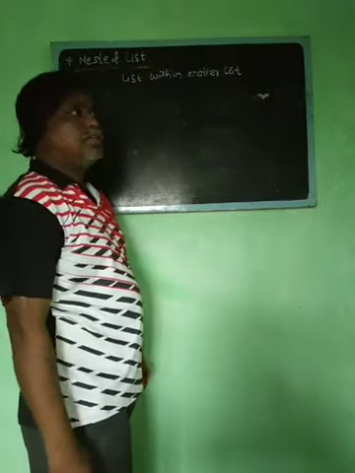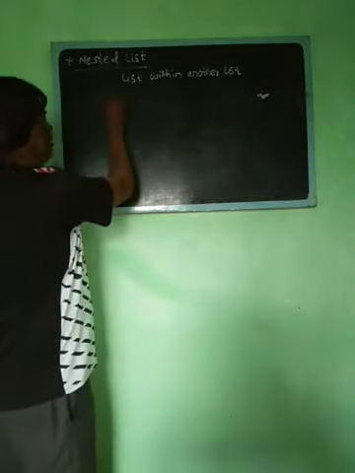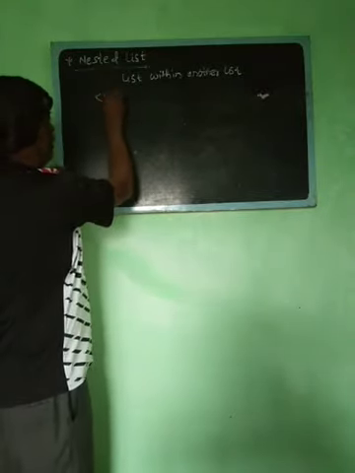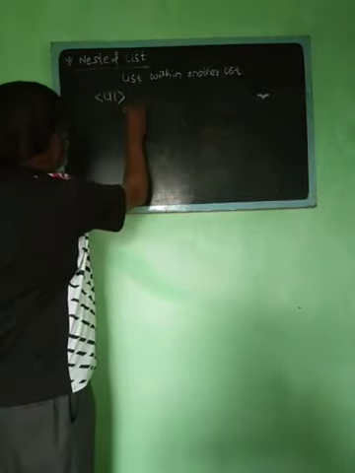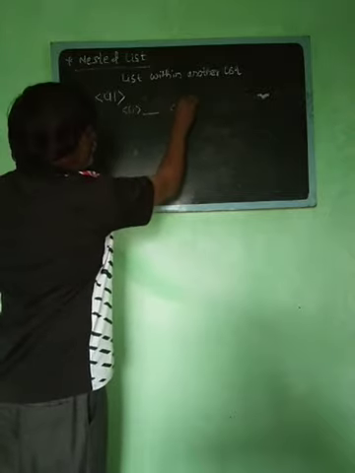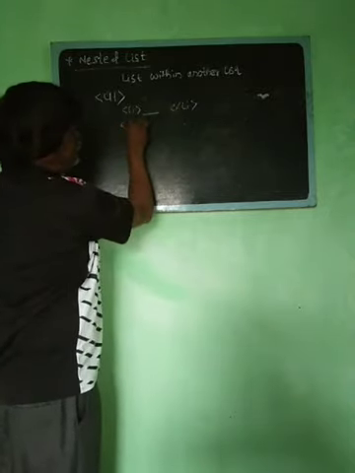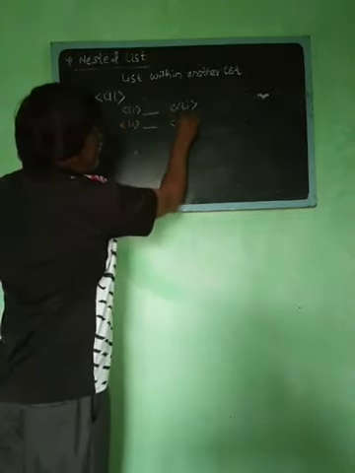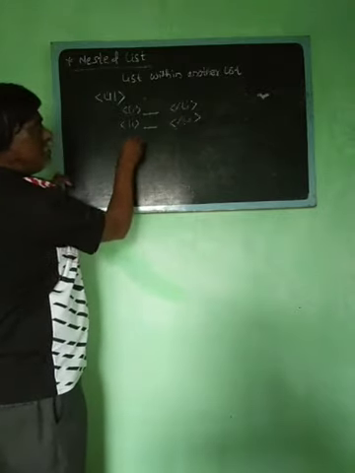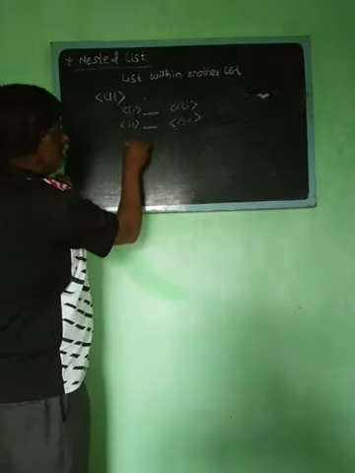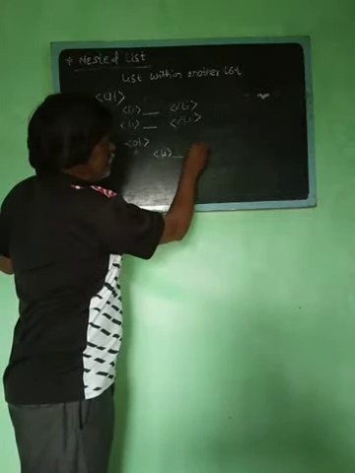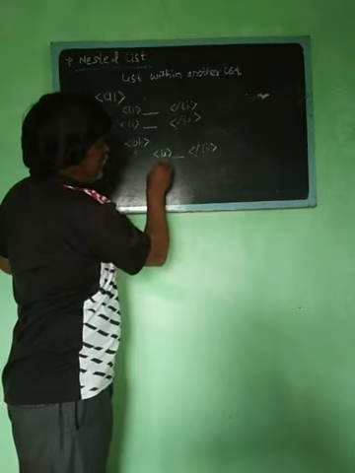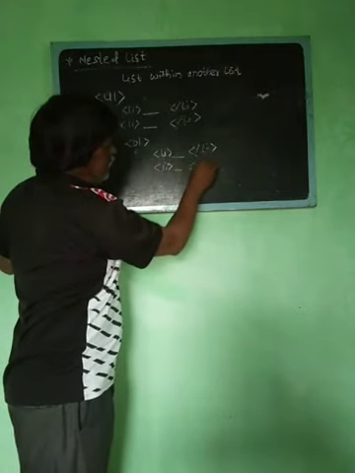So see how it works. Suppose we have an unordered list, and there are some list items of the unordered list. Within that, one more list comes like this: OL, LI, list item, slash LI, slash OL.